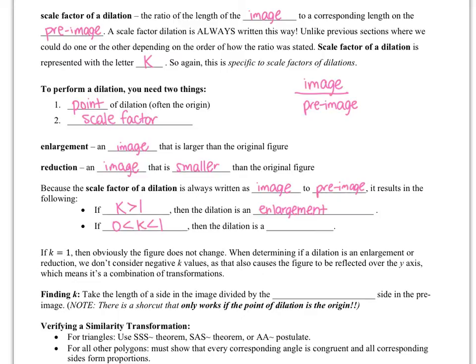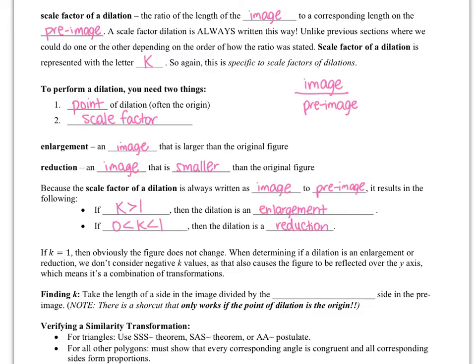So if k is between 0 and 1, so it's going to be like a fraction or decimal, not greater than 1, then that's going to be a reduction because that meant that the numerator, the length in the image, was smaller than the length in the pre-image. So a number divided by a number that's bigger than it will always result in something between 0 and 1.